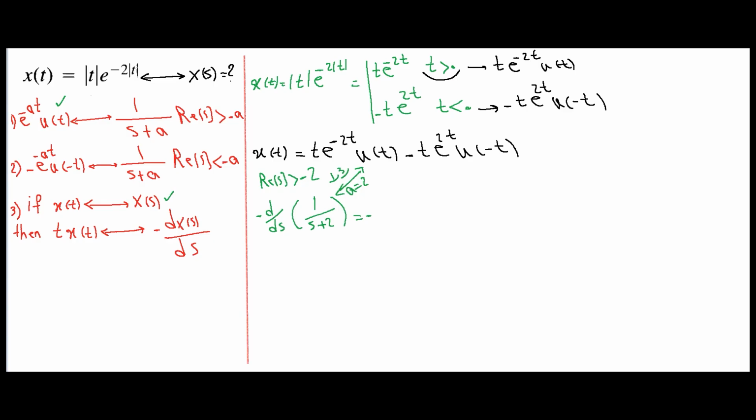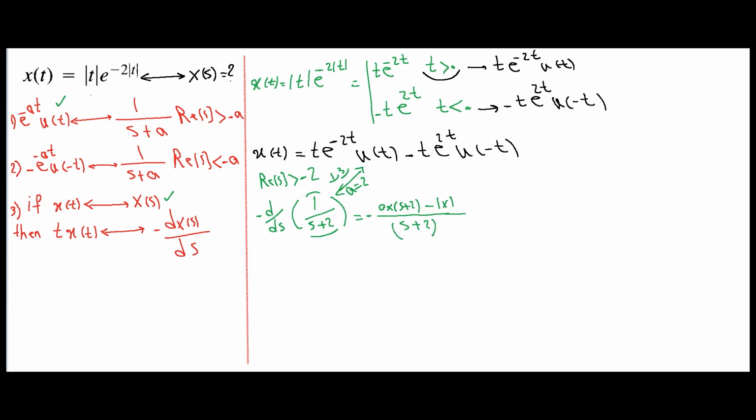Now taking the derivative: derivative of numerator times denominator minus derivative of denominator times numerator, divided by denominator squared.